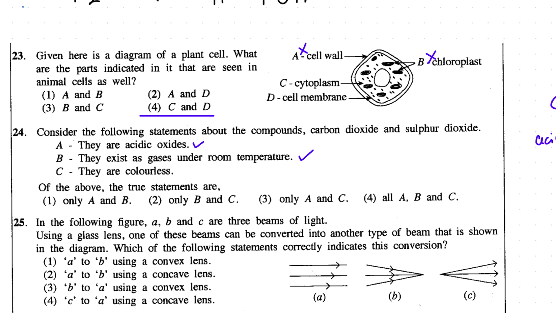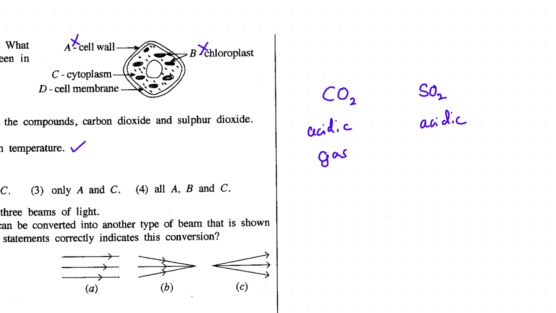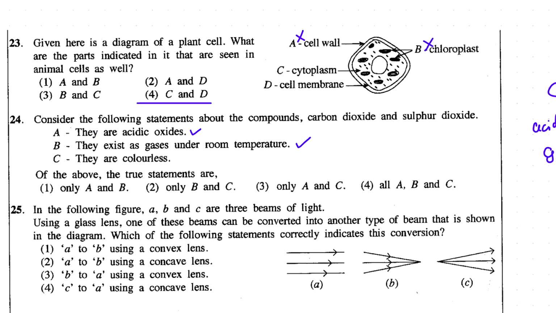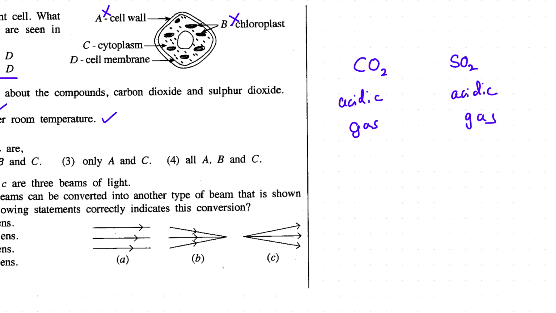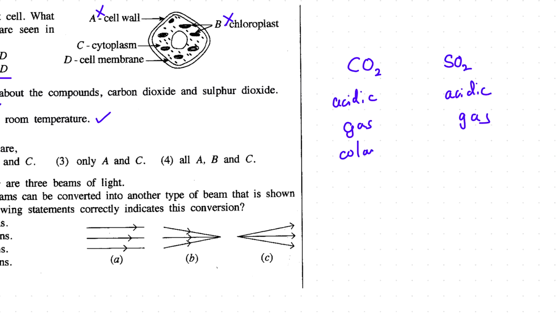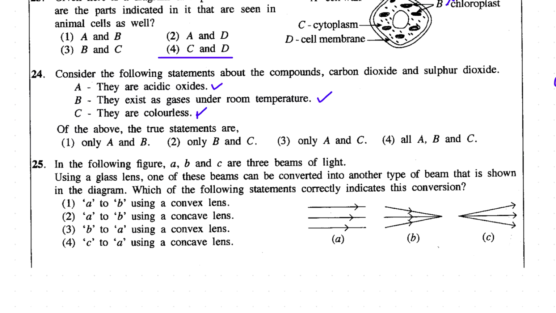Sulfur dioxide is also a gas. They are colorless. That is also true actually. Both of these gases are colorless, but sulfur dioxide has a very bad odor. Carbon dioxide does not. Therefore, all A, B, C are true. Here it's the fourth answer.